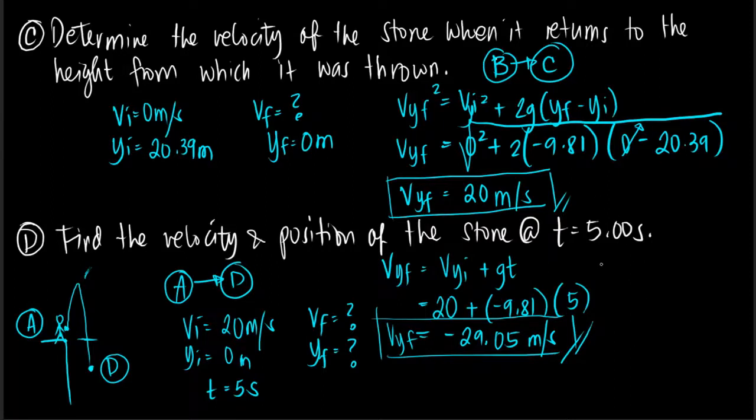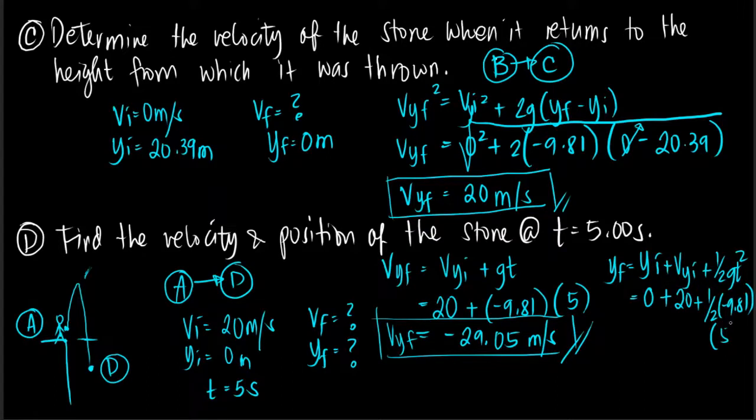And next one is its position. So, I think the formula that we can use is YF equals YI plus Vy of I t plus 1/2 GT squared. YF is what we are looking for. Y of I is 0, Vy of I was 20, plus 1/2 times negative 9.81. Just work it out on your paper with this formula.